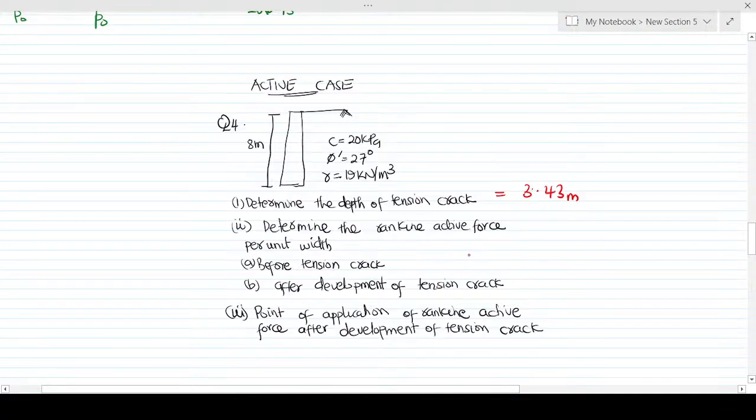Determine the force before tension crack. So PA before tension crack was 32.481 kilonewton per meter.